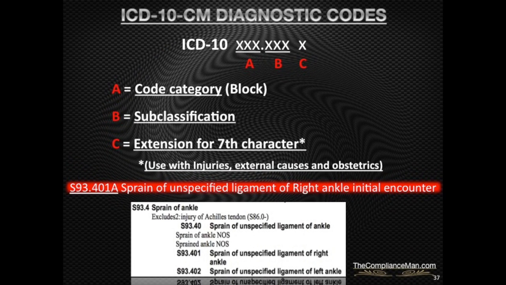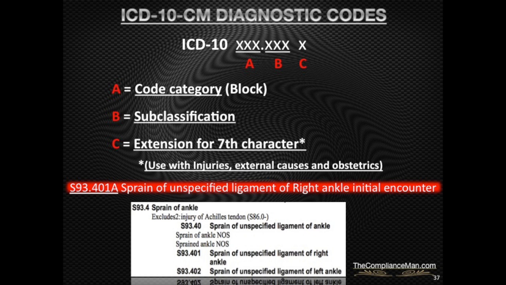To further give you an example, in this slide, you see that the ICD code again is divided into the block, which is A, with a decimal point, and then B would be your subclassification, so that further describes the condition within that category.